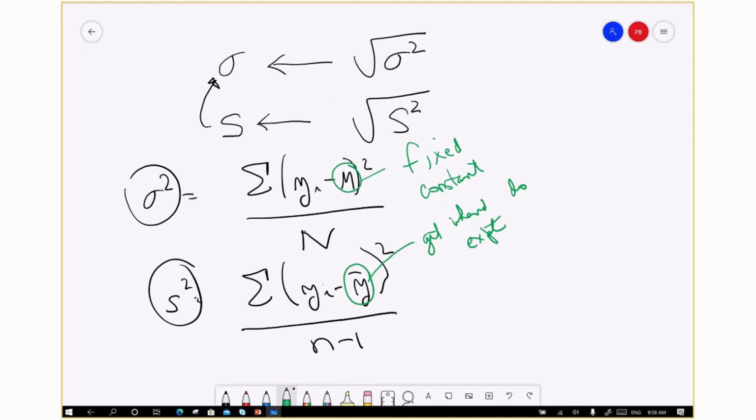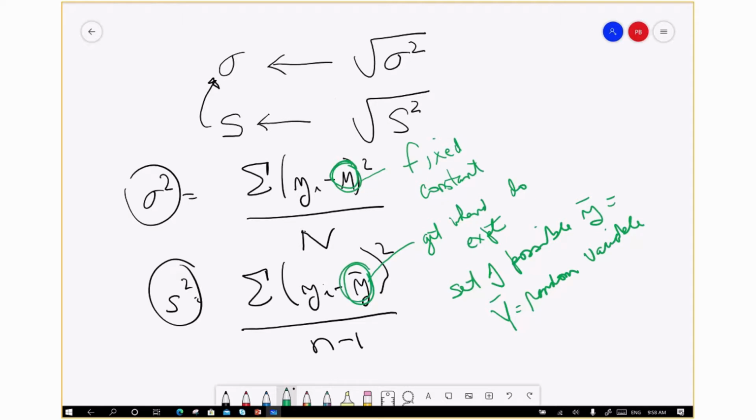And recall also that the set of all possible small y bar is equal to big Y bar, which is a random variable. So this difference between mu and y bar is really quite important.